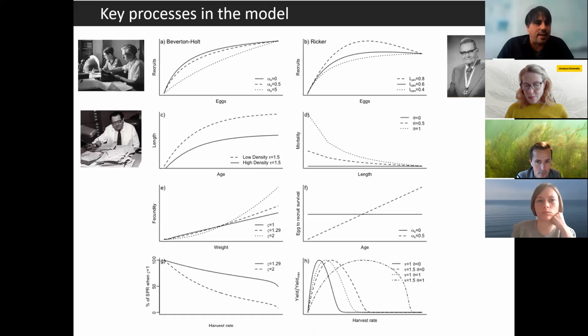We used very standard mathematical representations here, for example, Beverton-Holt type stock recruitment or Ricker type stock recruitment, which some say is more likely for pike, where you have through cannibalism overcompensation at high stock sizes. And we had size-dependent natural mortality rates of different degrees.